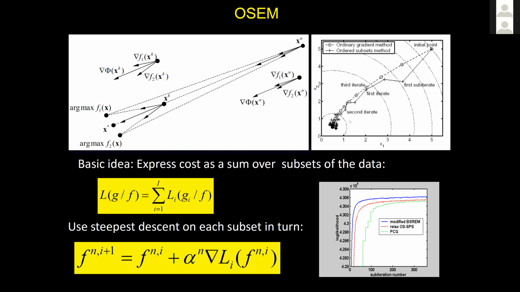Nowadays, people in deep learning also use a similar way. They call it mini batch. So mini batch is basically doing the same thing. It approximates the gradient not by the whole training data. You divide your training data into mini batches and you update each time based on the gradient you approximate using your mini batch.